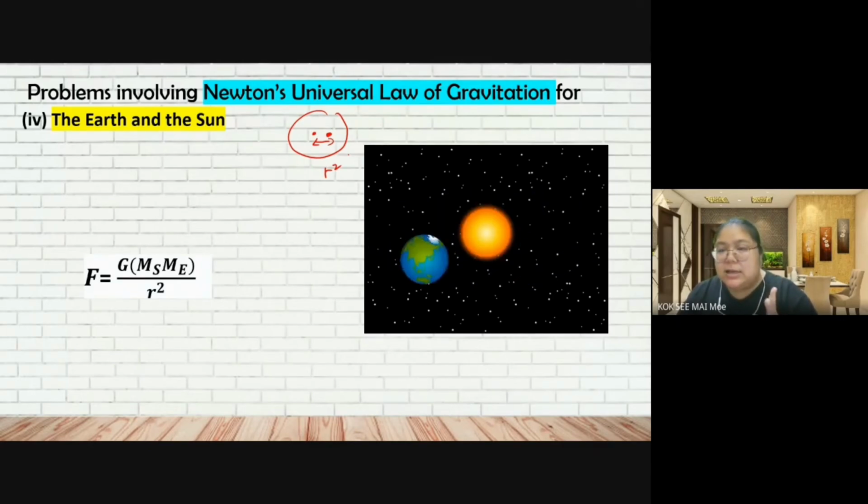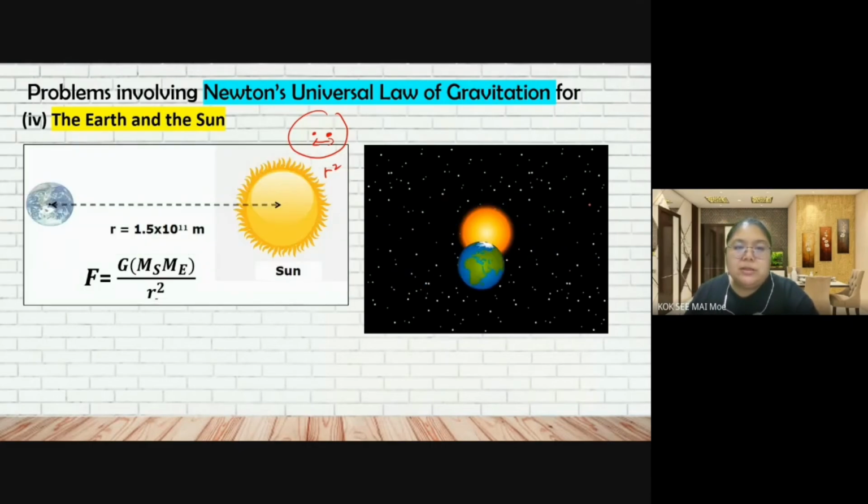The second situation is on the surface, when the object is on the surface of the Earth, measured to the center of the Earth. The third situation is a satellite far away from the Earth. Now we see the fourth situation, the Earth and the Sun. The Earth keeps rotating around the Sun, so you need to find the distance between the Earth and the Sun.